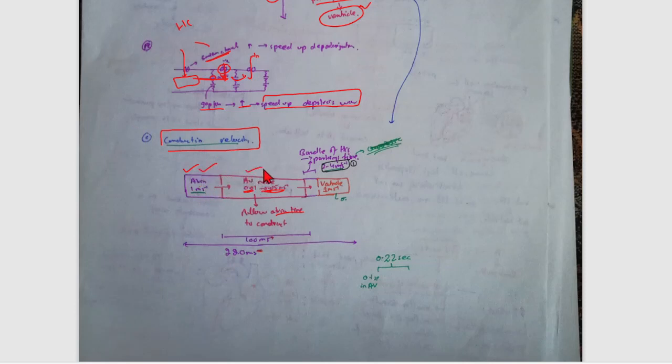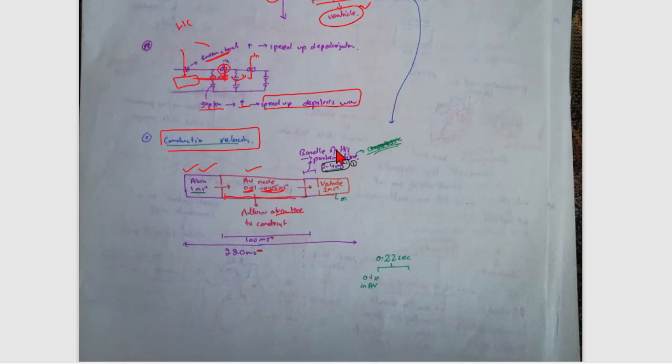After that, when the signal goes toward the AV node, it actually takes a long time there. The speed in the AV node is 0.01 to 0.05, so the speed is very slow.